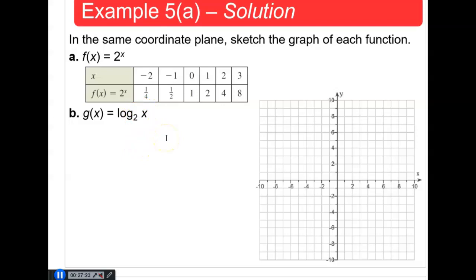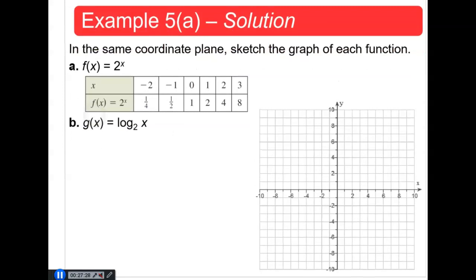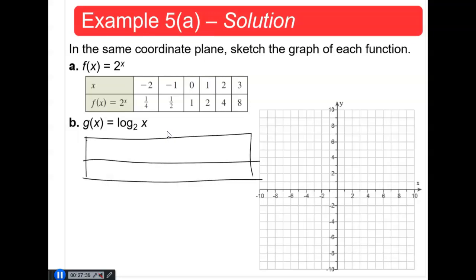So what I want you to do is to create a table for function g, and since we already know, I told you they're inverses of each other. These are the x values, these are the y values, or we could say that these are part of the set of the domain, or the input or the output.